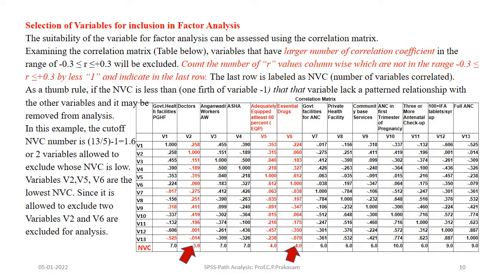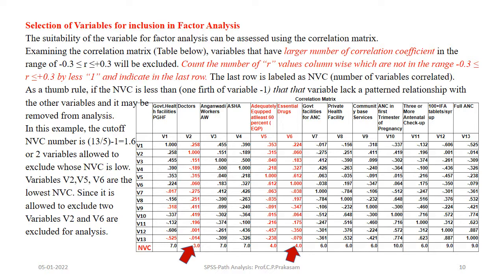We have 13 variables here, and column wise, we select the correlation coefficients which are larger than the range minus 0.3 to plus 0.3. In this example the cutoff NVC number is 13 by 5. There are 13 variables, divided by 5, minus 1, is 1.6.